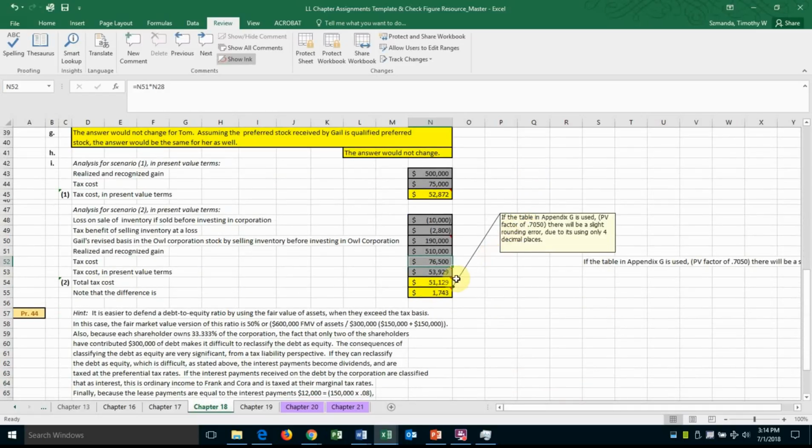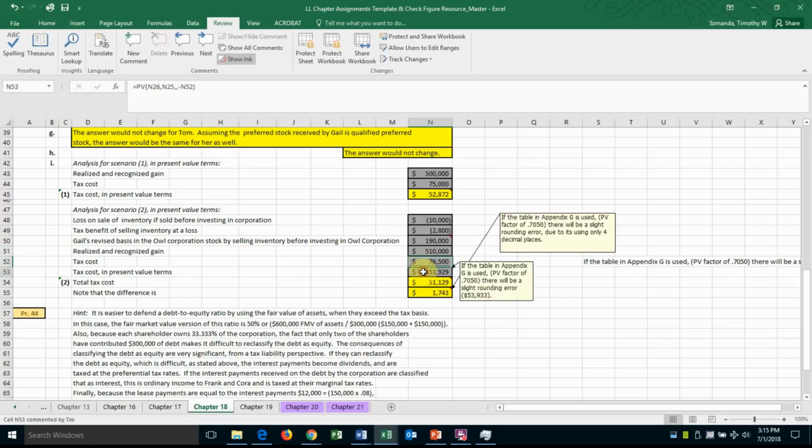This is all occurring in the future after she's contributed the $50,000 proceeds from the inventory as well as the cash and the equipment and patentable invention. In the future, she'll have a tax cost of $76,500, but that's in 6 years.